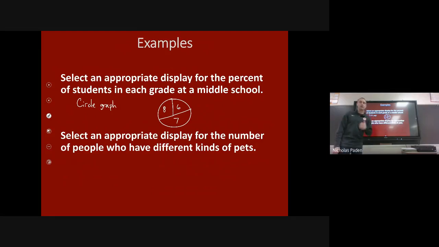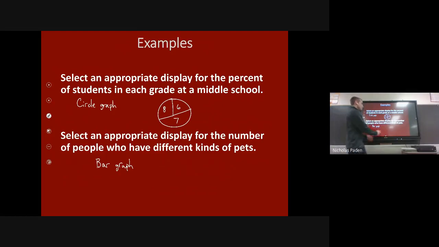So you all do that last one. Select an appropriate display for the number of people who have different kinds of pets. So for this one, I would suggest using a bar graph because you are comparing the different kinds of pets. So cat, dog, horse, whatever.